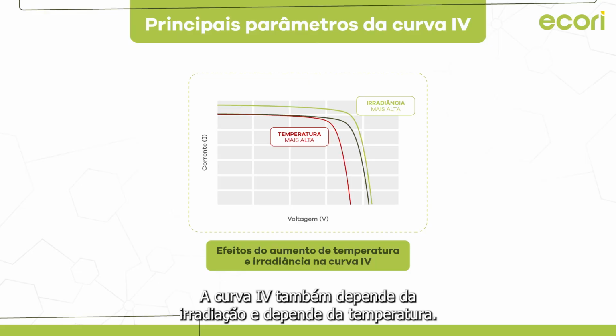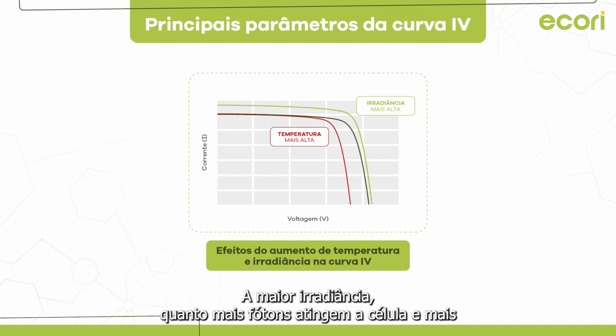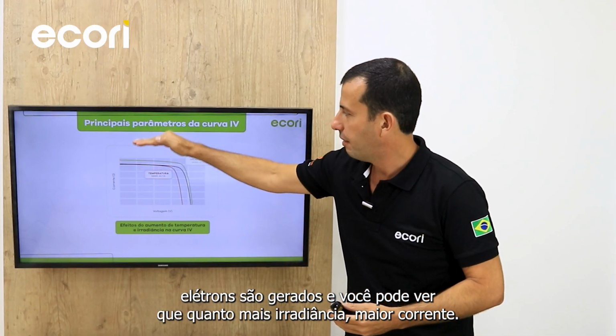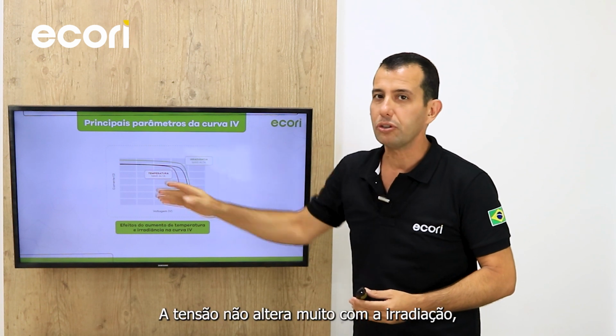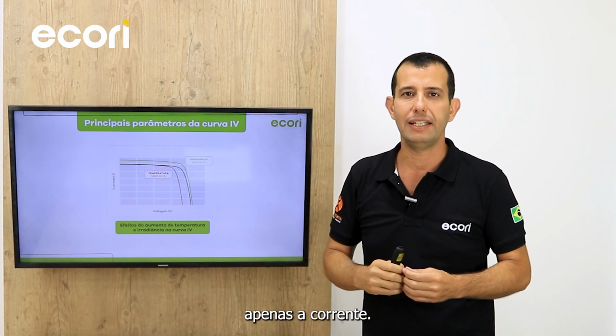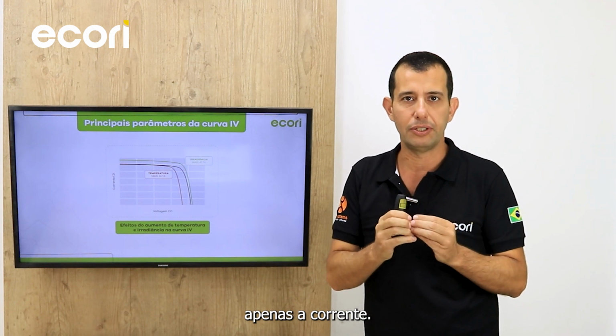The IV curve also depends on the irradiance and depends on the temperature. The higher the irradiance, the more photons hit the cell and more electrons are generated, and you can see more irradiance, higher current. The voltage doesn't change much with the irradiance, only the current.